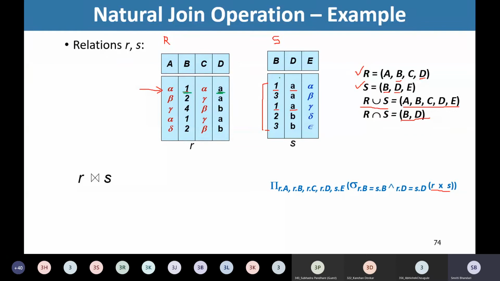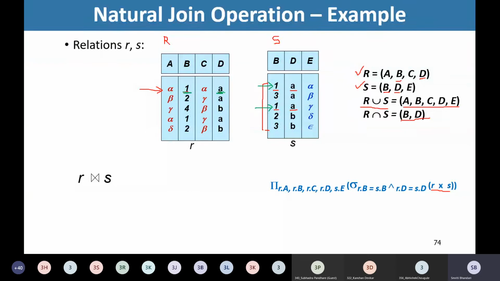So what we are going to do next is, we will be searching for the tuples in this relation S such that BD values are 1 and A. So 1A matches with this tuple 1A and this tuple 1A. Correct? So we need to have that combination of tuples.